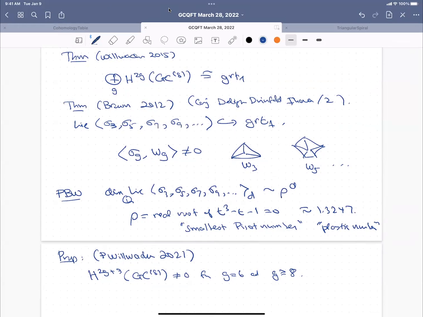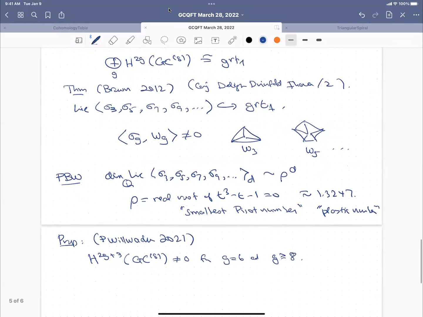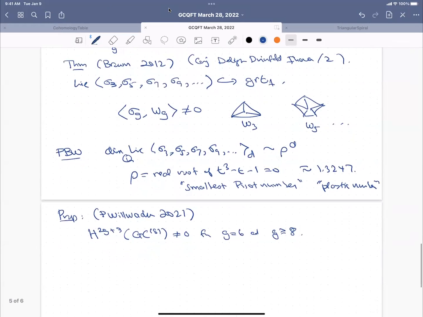But from the graph complex perspective, this is natural. And so the proof is to show that the kernel of bracket with a 5-loop is contained in the kernel of bracket with sigma 3.